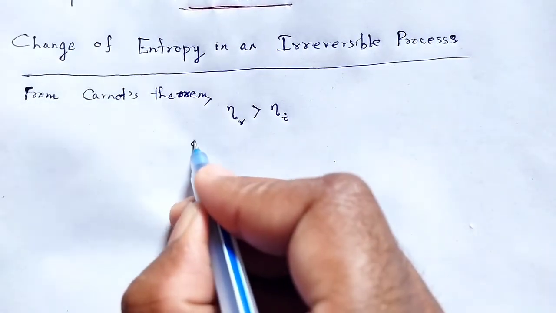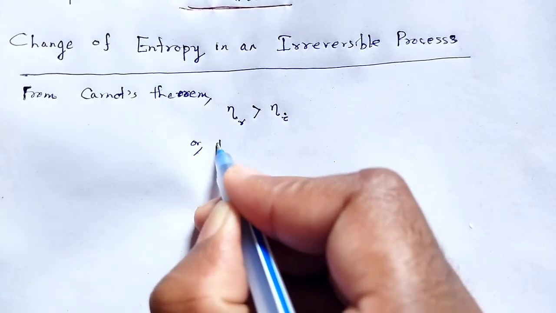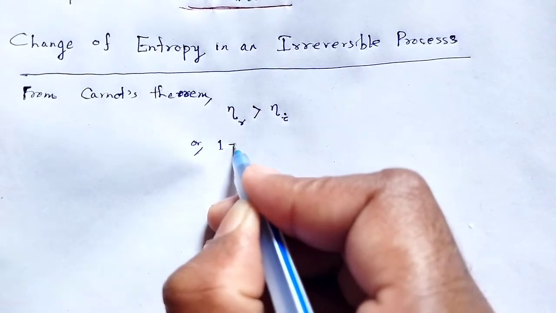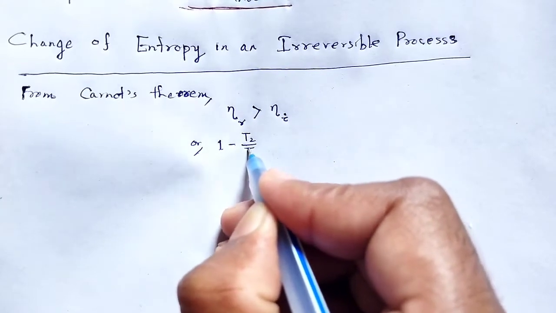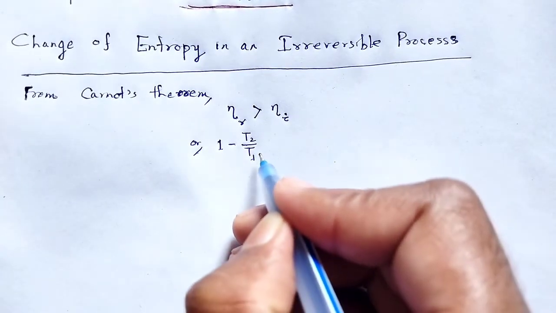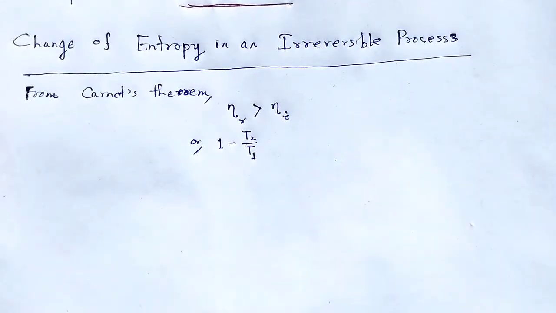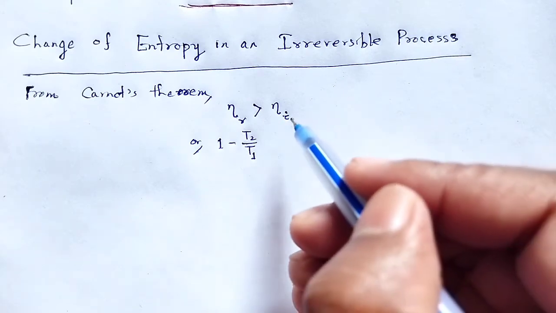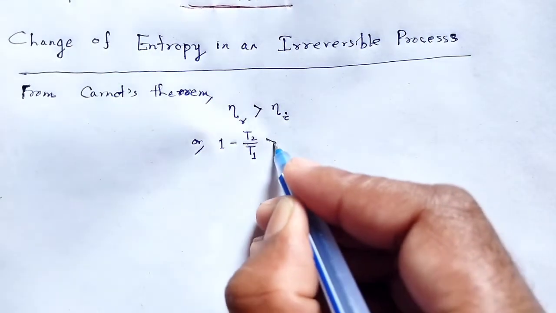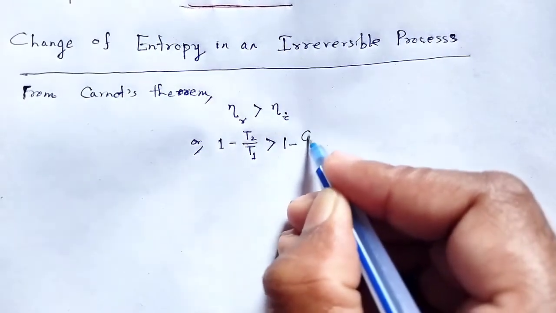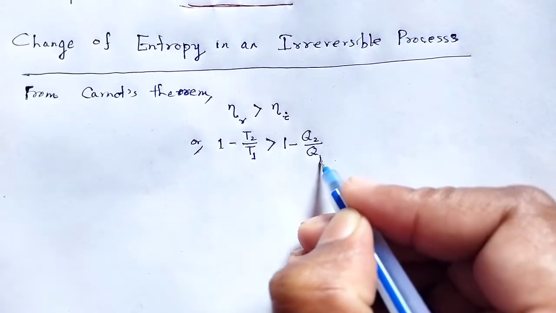So, eta R is 1 minus T2 by T1, where T1 and T2 are the two temperatures at which the source and sink act, and for eta I, it is 1 minus Q2 by Q1.